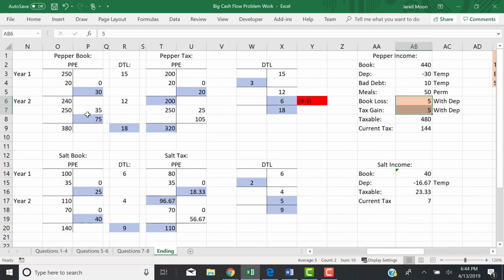So this difference in the credits right here of 30 is going to be adding to our DTL, and getting rid of that depreciation amount of 10 is going to be decreasing our DTL. So that's as if we put a 9 and a 3 here, or we can just net it and put 6. So hopefully that makes a little bit more sense.